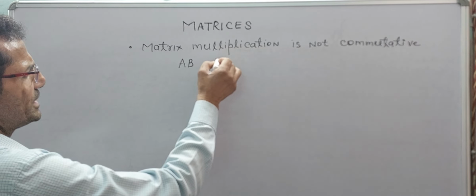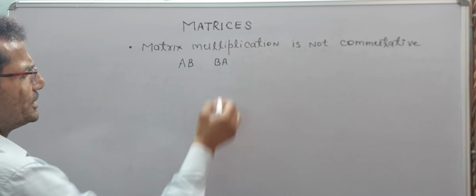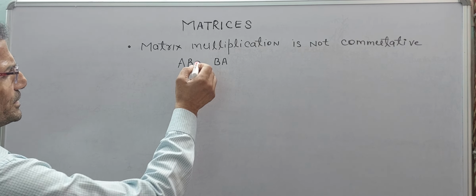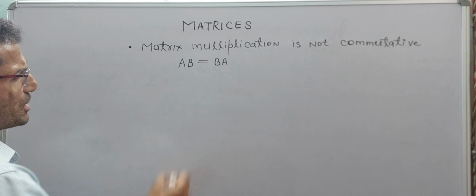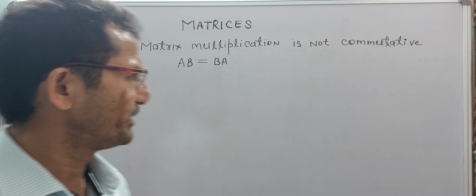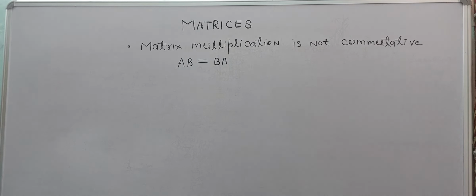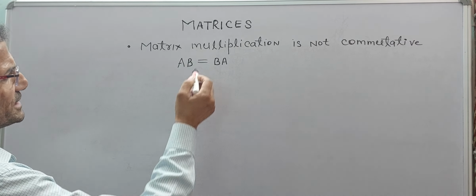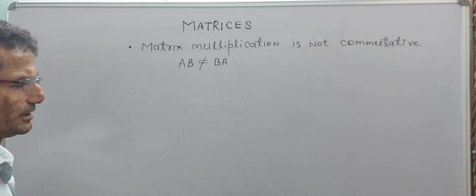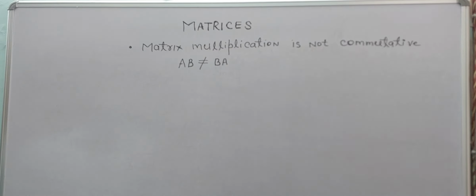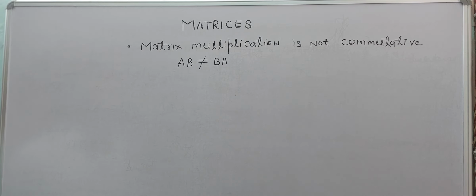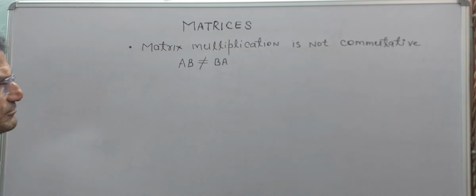And it is not necessary that AB should be equal to BA. In some cases AB may equal BA, but in all cases AB will not be equal to BA. So we can say that matrix multiplication is not commutative. For this, AB and BA should be defined, but AB and BA do not have the same value.